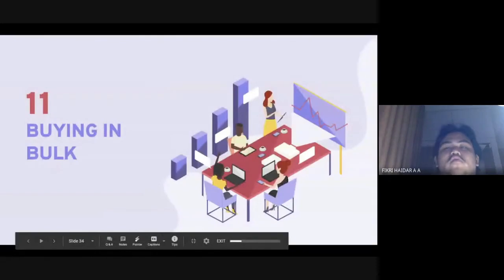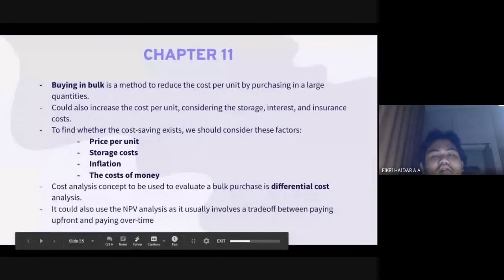Okay, so moving on to the 11th chapter, the buying in bulk chapter. Buying in bulk is a method to reduce the cost per unit by purchasing in a large quantity. It could also increase the cost per unit depending on whether you consider the storage, interest, and insurance costs.